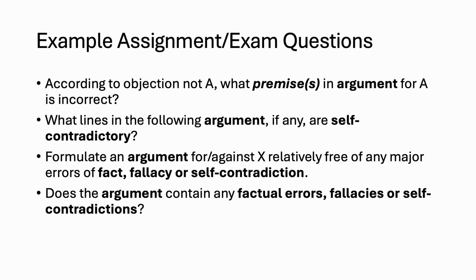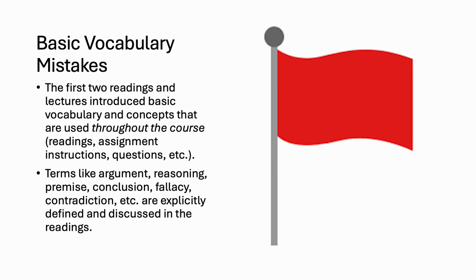And so I've bolded here all of the basic, key vocabulary terms that are used throughout the material that we read, in my lectures, and that pop up in instructions on assignments and questions in assignments. These are all basic vocabulary terms for us.